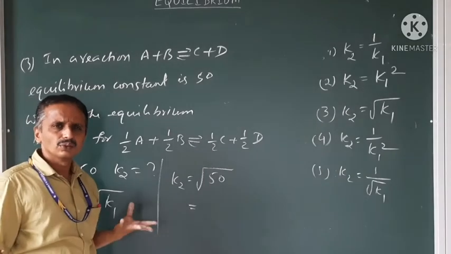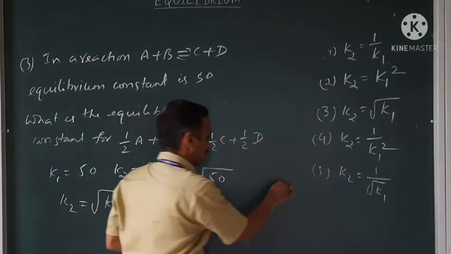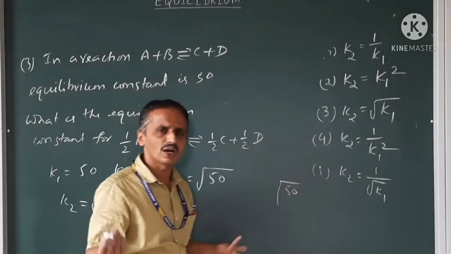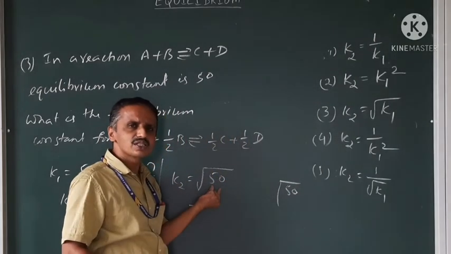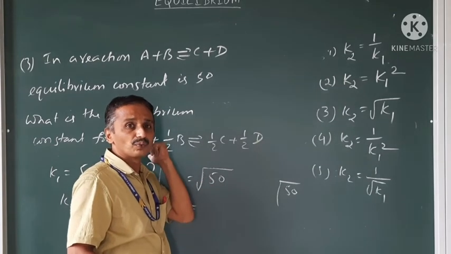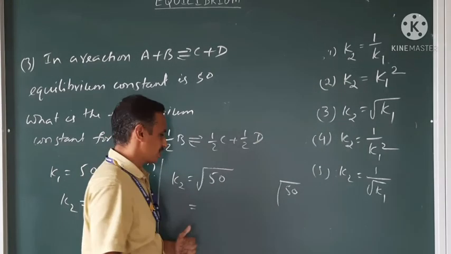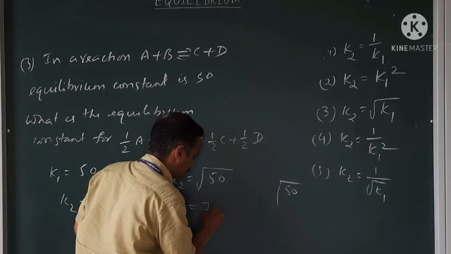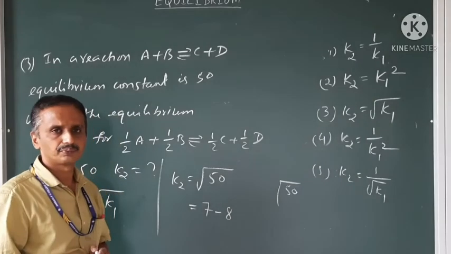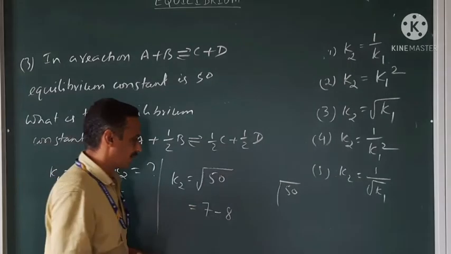No need to go for complete calculation like this. See here, square root of 49 is 7, square root of 64 is 8. My answer should be in between 7 to 8.